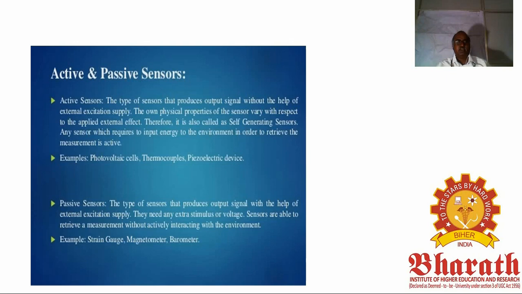Hence, the passive sensors actually require an external supply without which they will not be able to operate.